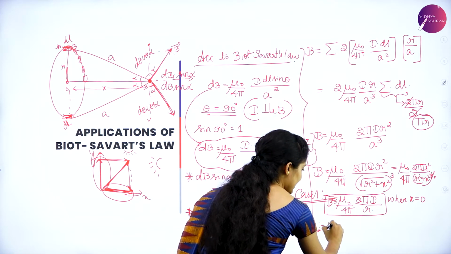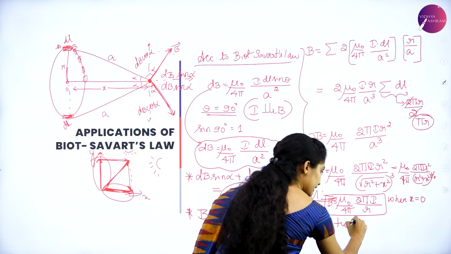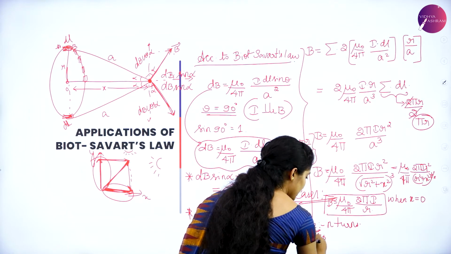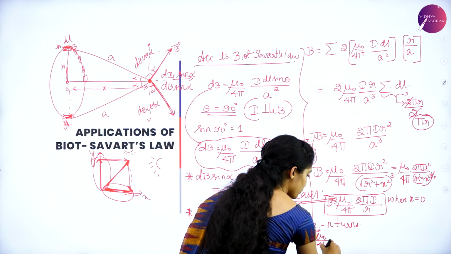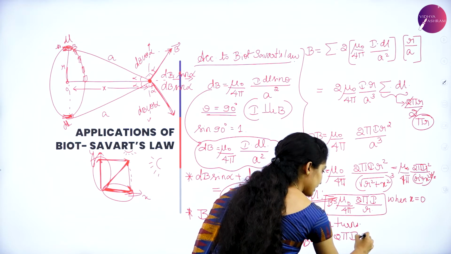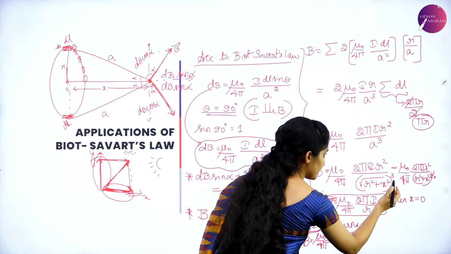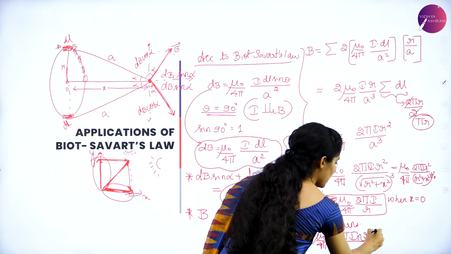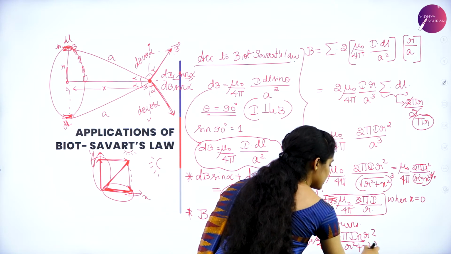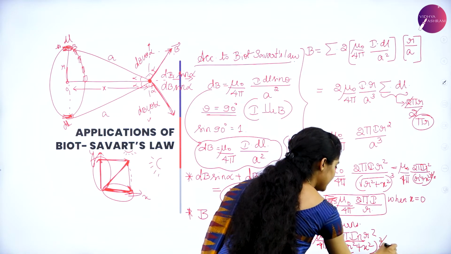When it has n number of turns, you can write this equation as B is equal to μ0 by 4π, 2π I n divided by, r square divided by r square plus x square the whole 3 by 2.